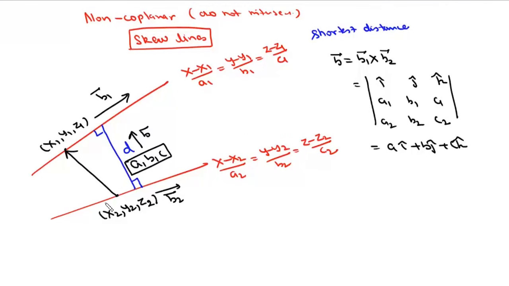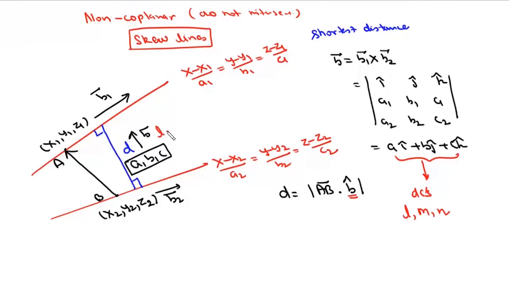If we take the projection of this vector, say AB, on this perpendicular, then this projection is equal to D. So basically D is mod of AB dot B cap. Now B cap means we need direction cosines. So from these direction ratios, we can find direction cosines, and these direction cosines are L, M and N.